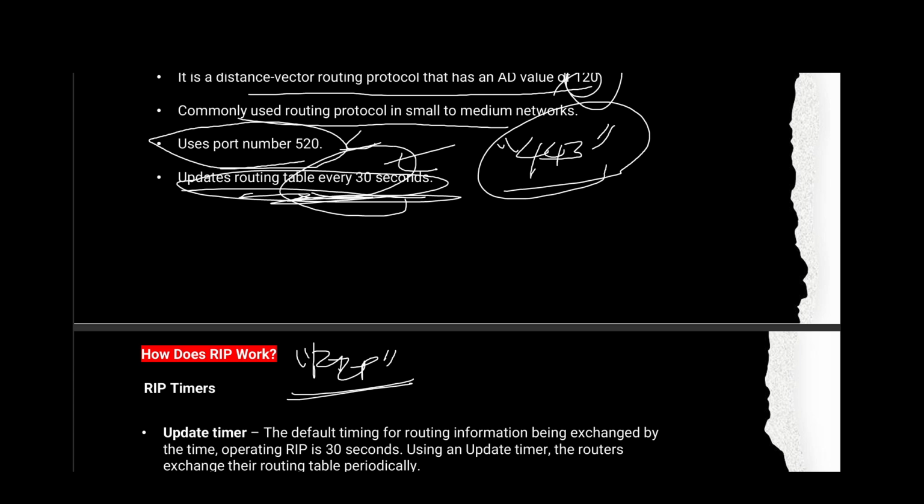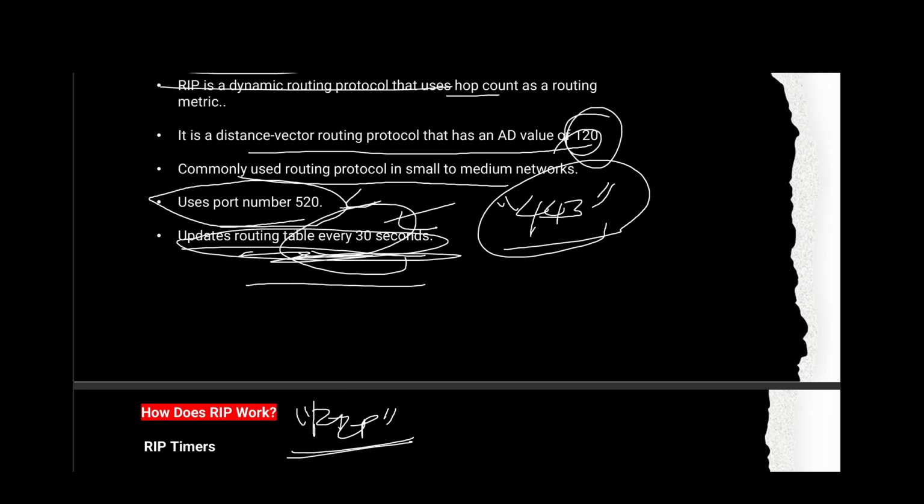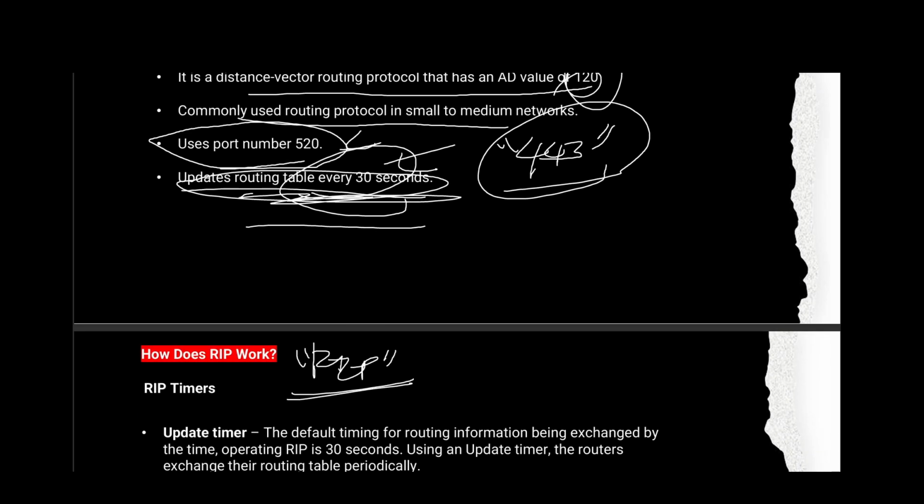That's not very good for network traffic, because those updates do not have any value, since there are no changes happening on the network. So that's the behavior of a distance vector protocol.